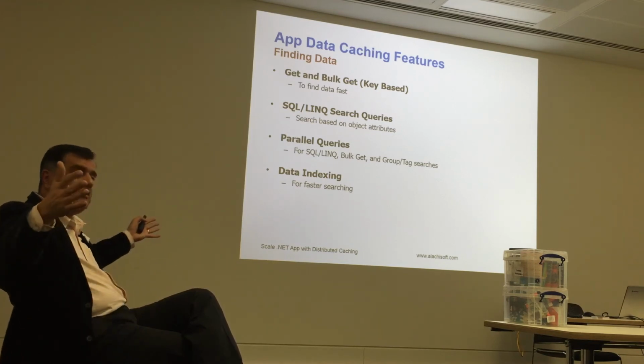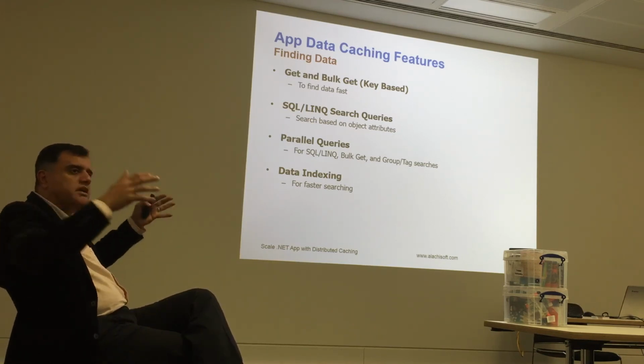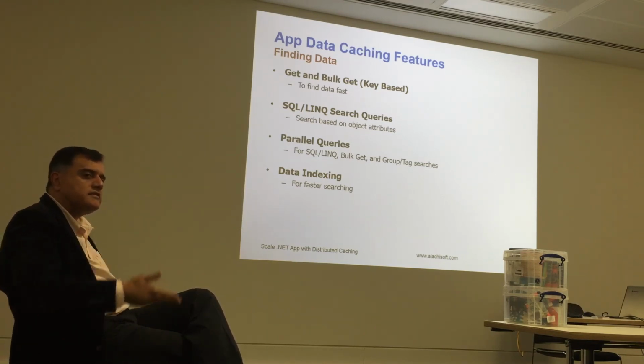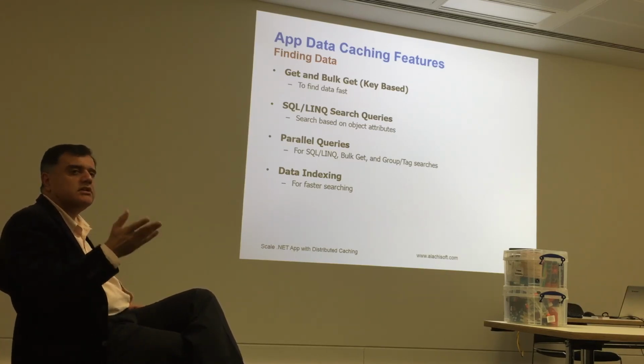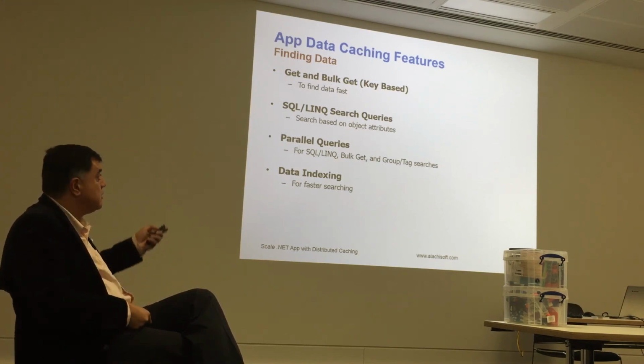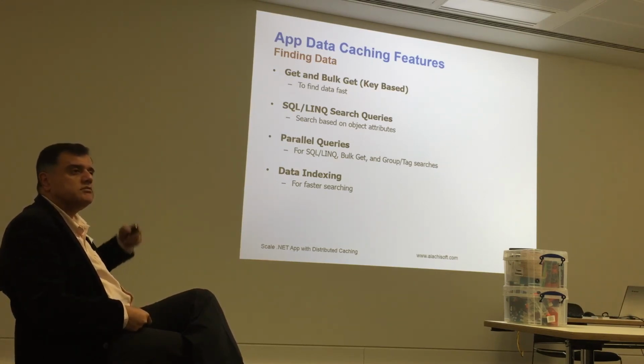You have a distributed environment, and to do a join in a distributed environment actually slows things down. So the benefit of performance is no longer there. So that's why it's not even implemented. But there are other ways that you can do those things by caching data in a certain way.